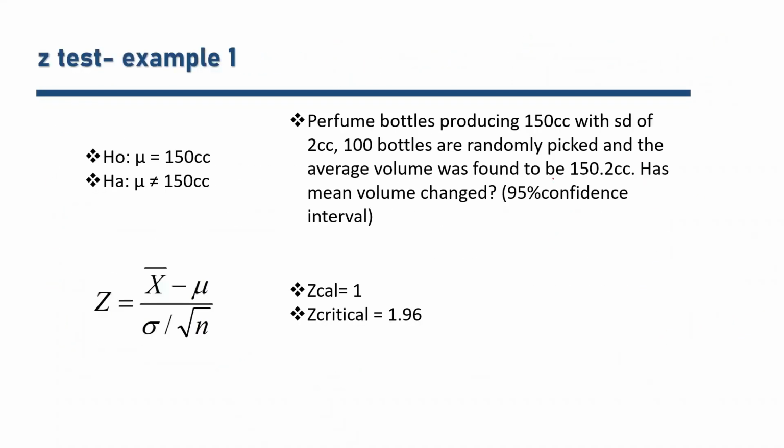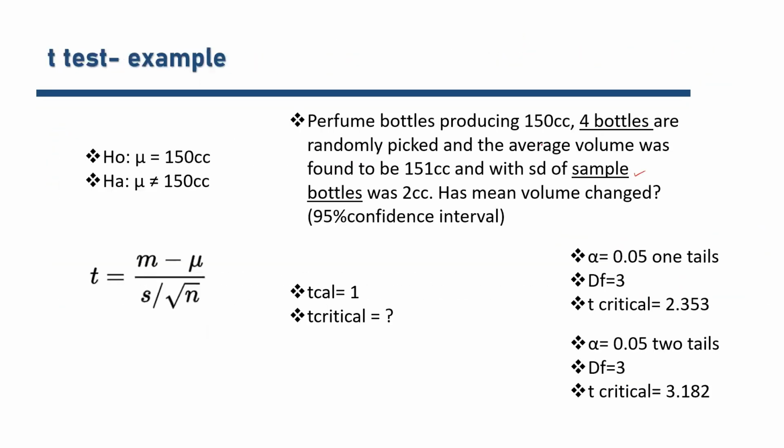See here, the standard deviation of the population was known, the population standard deviation of 2 cc. In this case, the standard deviation of only the sample is known. Obviously, if you have 4 bottles, you can easily find out the sample standard deviation. Has the mean volume changed?